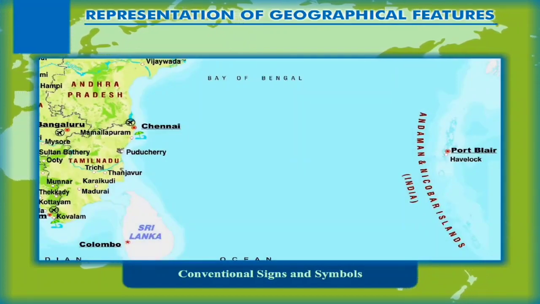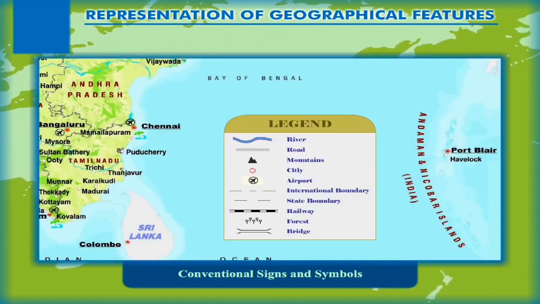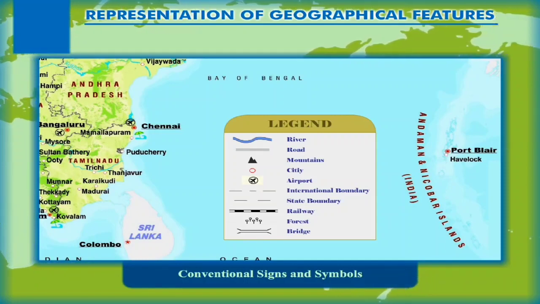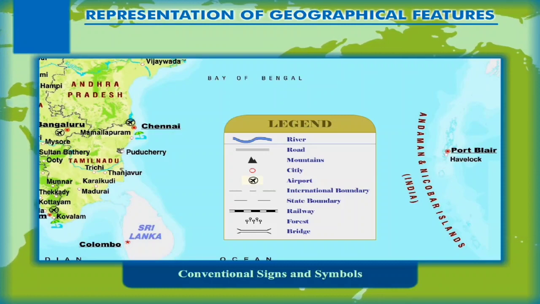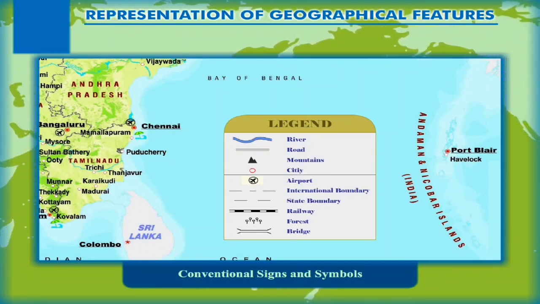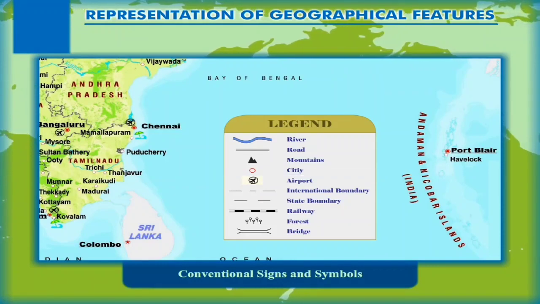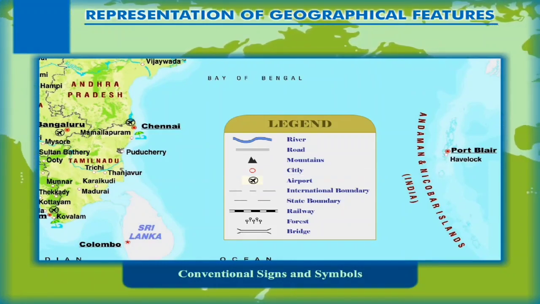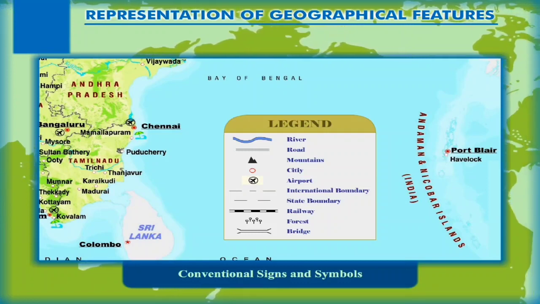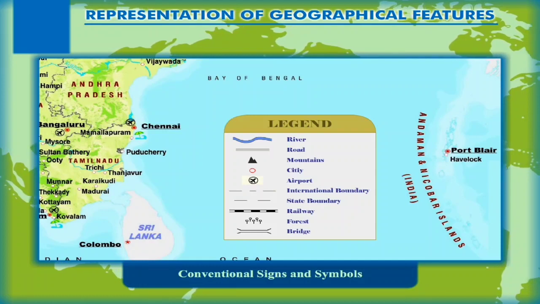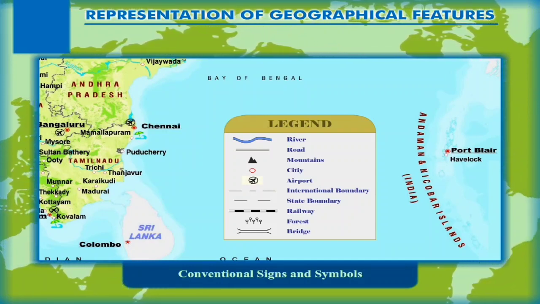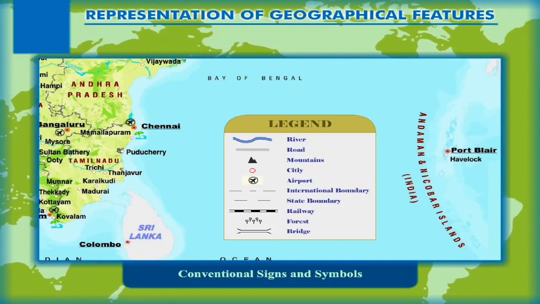Therefore, some symbols which are accepted all over the world are used to represent features like rivers, roads, mountains, cities, etc. on the map. These symbols are known as conventional symbols. The symbols are useful as they facilitate representation of meaningful information on topographical sheets.